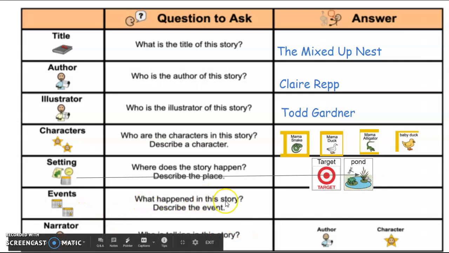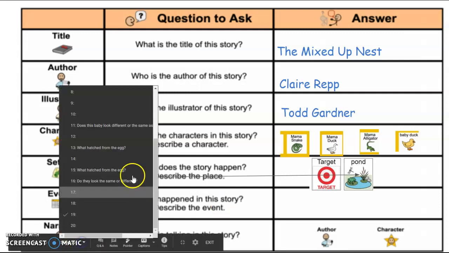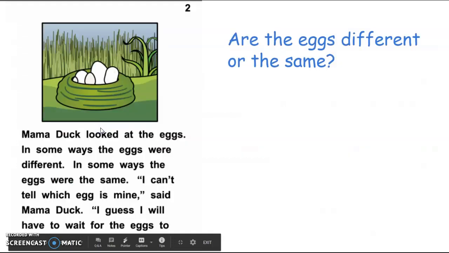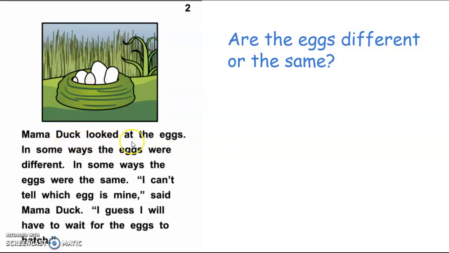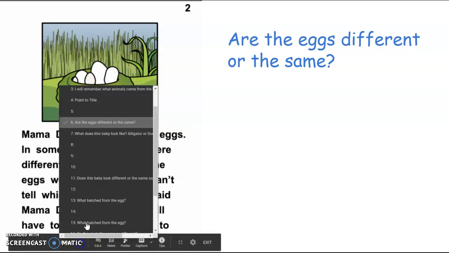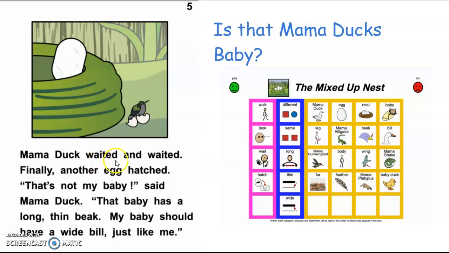Events. What happened in the story? Well, let's look back. Let's go to another page. Mama Duck looked at the eggs. Mama Duck waited and waited. On many pages it says, Mama Duck waited and waited.